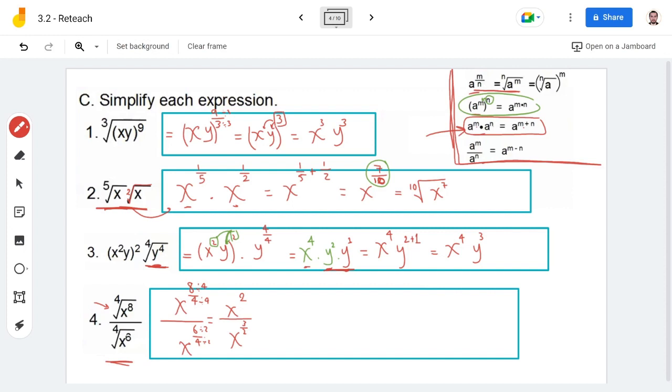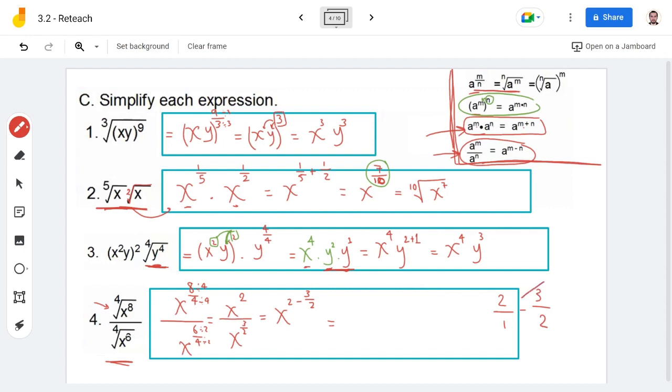Now look at the powers here. What rule can we use? We can use this rule here, which gives x to the power of 2 minus 3 over 2. For 2 minus 3 over 2, you can use a calculator or you can use the butterfly method, which is 2 over 1 minus 3 over 2.